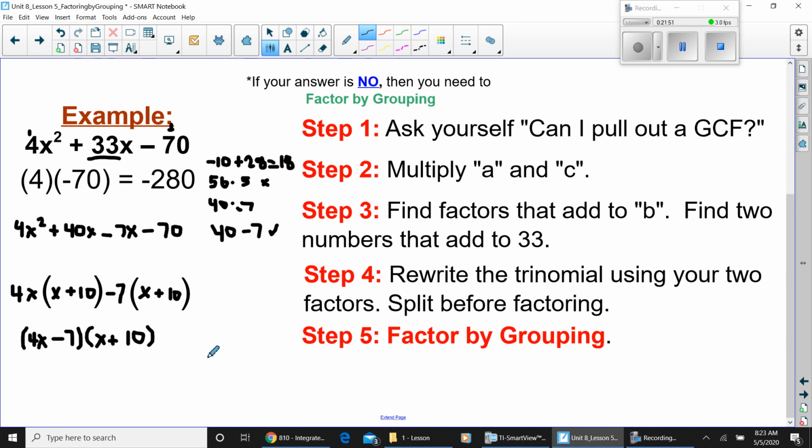And those are the steps to factor by grouping. It's a little bit difficult. You'll get the hang of it, and we'll go through a couple more. But to check it, you do have to FOIL, all right? Do distributive property. 4x times x is 4x squared. 4x times 10 is positive 10x.